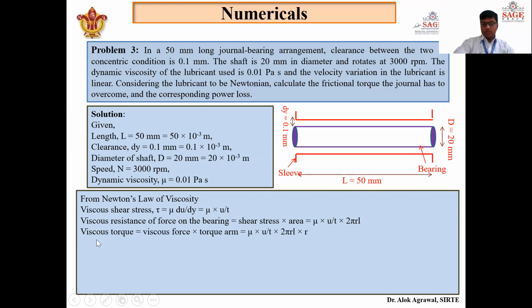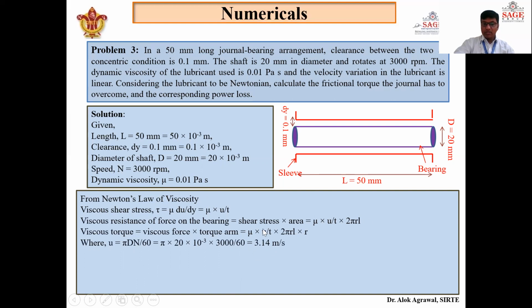Now torque, if the force is known, can be calculated as viscous force into arm length r, because the shear stress is taking place on the surface of the bearing. So the arm length is half of the diameter, that is the radius.